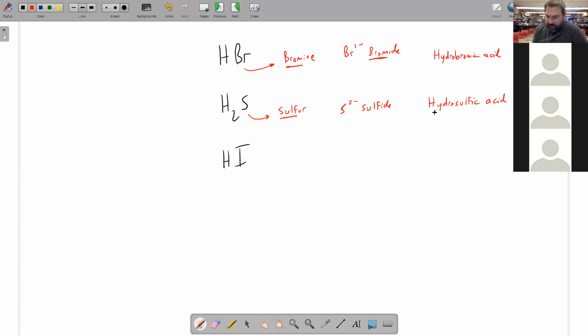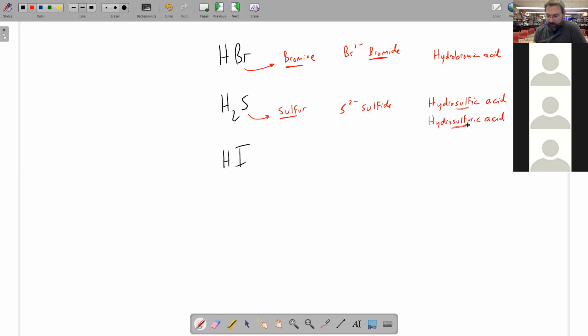So this hydrosulfic acid seems like what you should call it, but this name is kind of awkward here. So it turns out that for sulfur, it stays as hydrosulfuric acid.